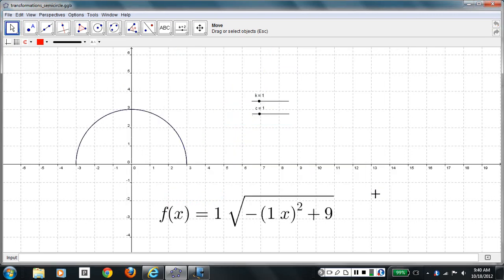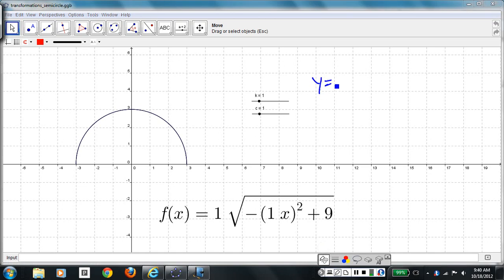All right. So what we have is the semicircle whose equation is y equals the square root of negative x squared plus 9. What I'm going to do is multiply the right-hand side by 2 and have 2 times the square root of negative x squared plus 9.